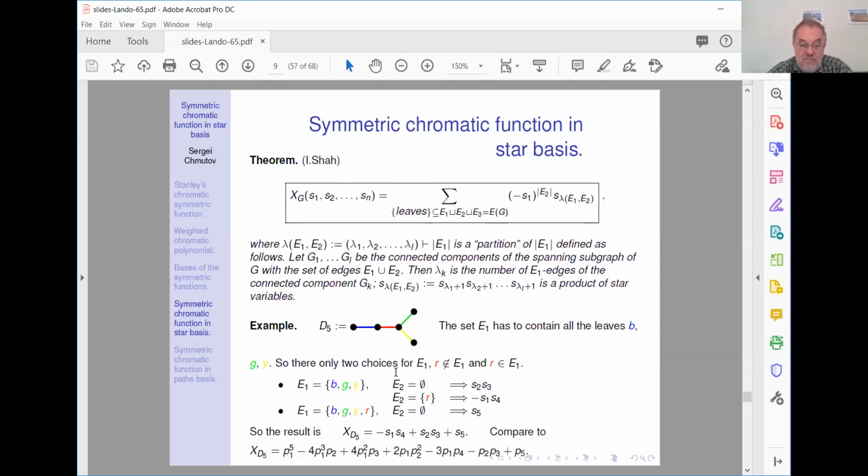And if we compare it with what it was in the power basis, you can see that it is going to be like that. So that is what I mean. There is a lot of redundant information. So there are a lot of terms here compared to just 3 terms in the star bases.